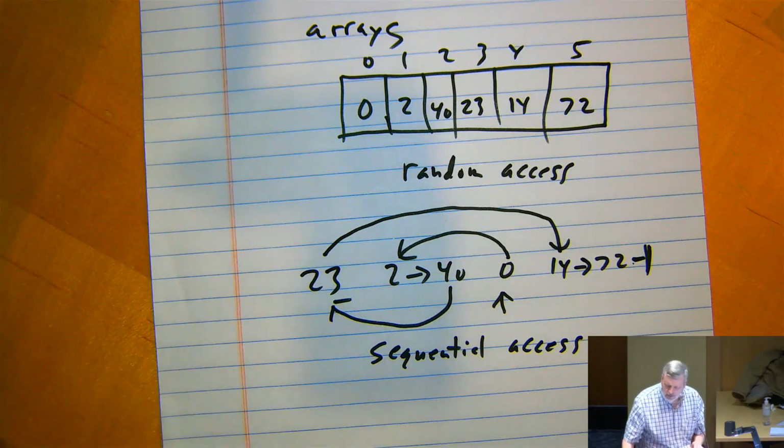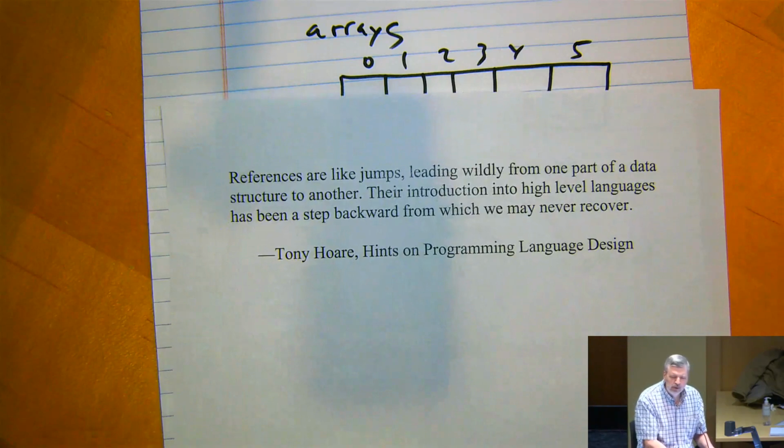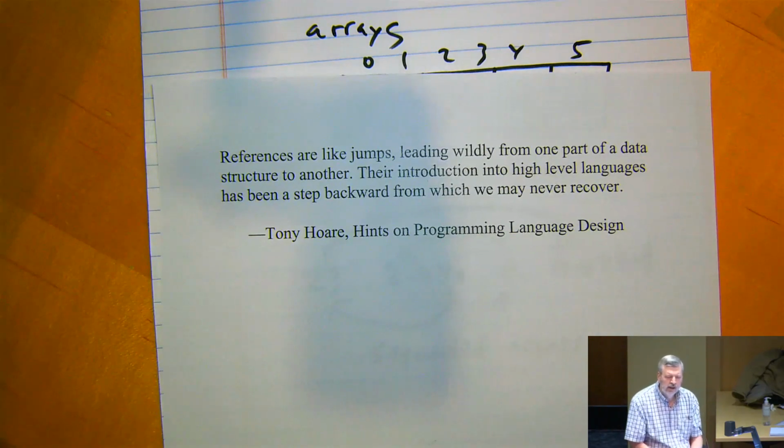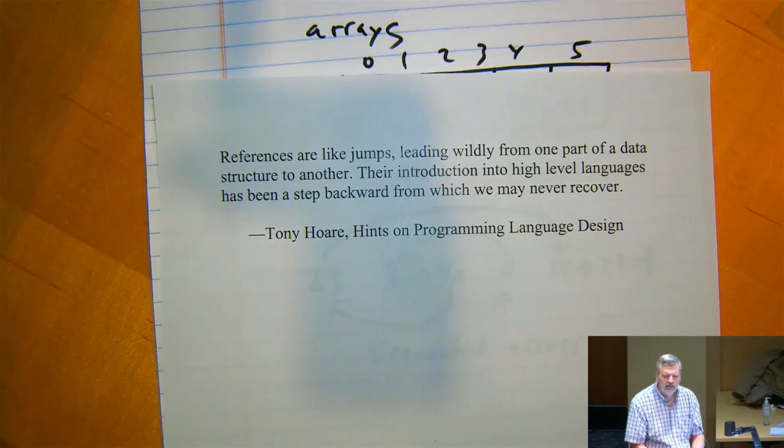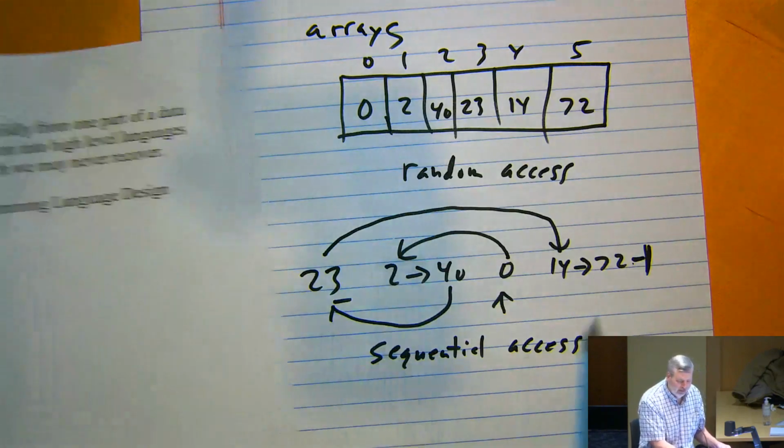I thought you might find it interesting. I had a quote from a fellow named Tony Hoare. "References are like jumps leading wildly from one part of a data structure to another. Their introduction into high-level languages has been a step backward from which we may never recover." So he is not a fan of this kind of approach.